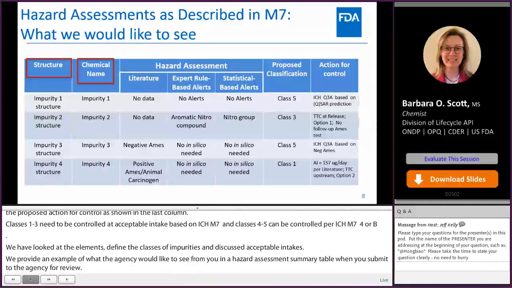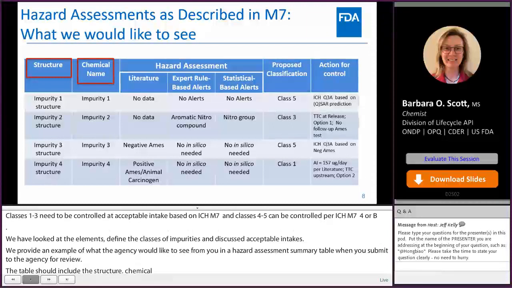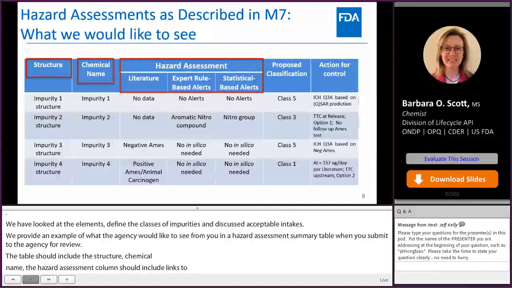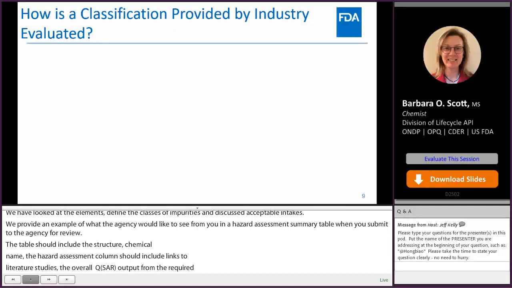The hazard assessment column should include links to literature studies, the overall QSAR output from the required expert rule-based and statistical-based models, and then based on the hazard assessment, the proposed impurity classification and the corresponding action for control should be indicated.